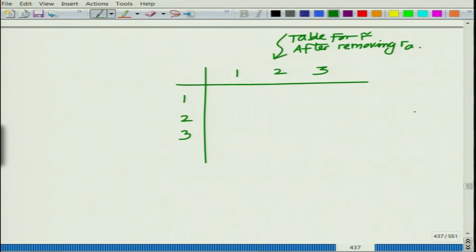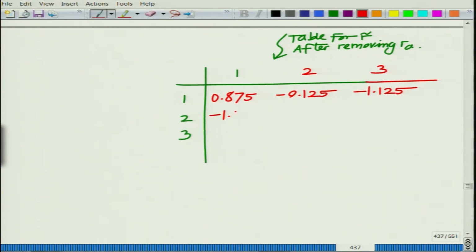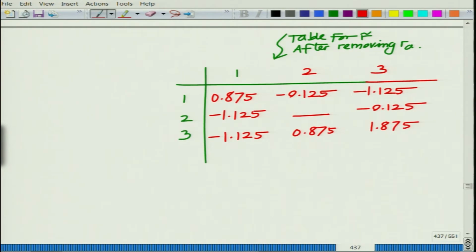After removing R A, these quantities are given as 0.875, minus 0.125, minus 1.125, minus 1.125, and this is of course blank, minus 0.125, minus 1.125, and this is 0.875, 1.875. Okay. So, these are after removing the bias.